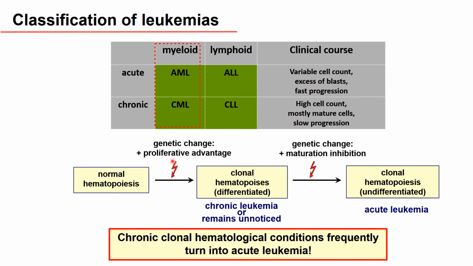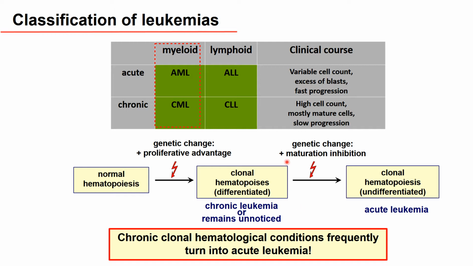Usually at the beginning we have proliferative advantage genetic changes, and now we have a clonal hematopoiesis with differentiation, so we have more progression, more proliferation, and if we stay here, it's called a chronic leukemia, or it may remain unnoticed because it stays inside the bone marrow. Usually this kind of clonal cell persists in our body for decades before it starts to proliferate so rapidly, occupying the bone marrow or the bloodstream, and it won't be recognized at all.